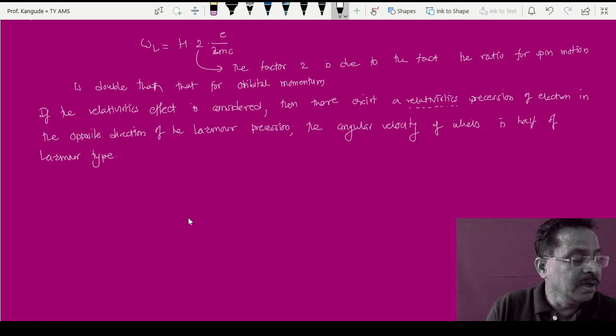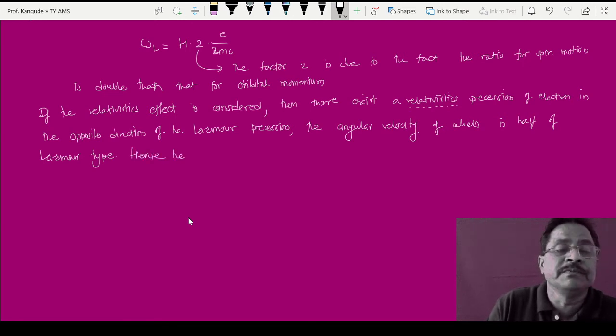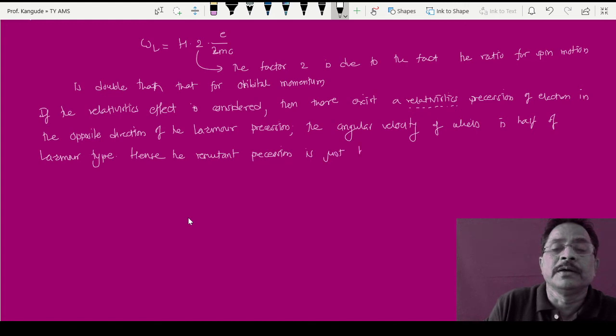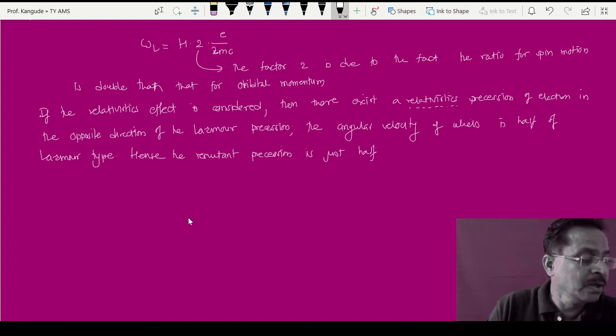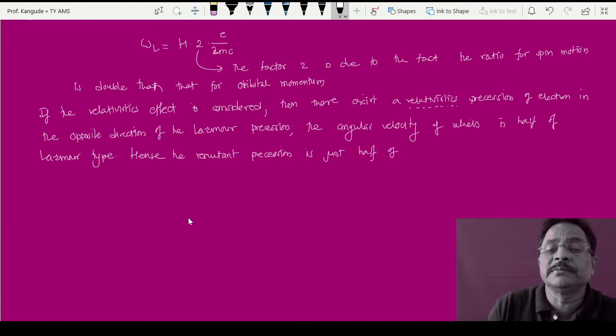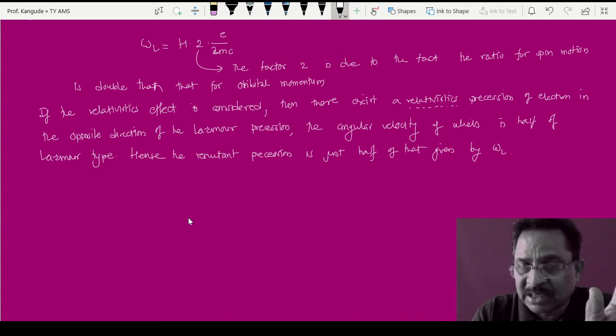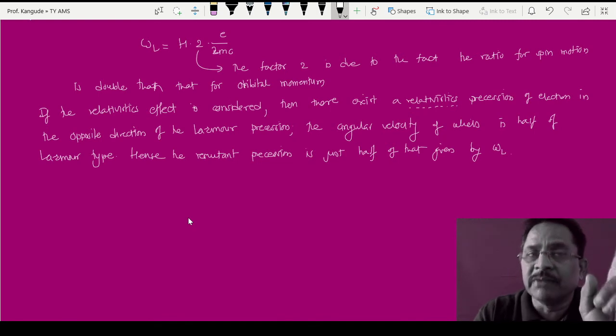Hence the resultant precession is just half of that given by omega L. So remember, Larmor precession is a classical phenomenon, and here a relativistic effect is considered.